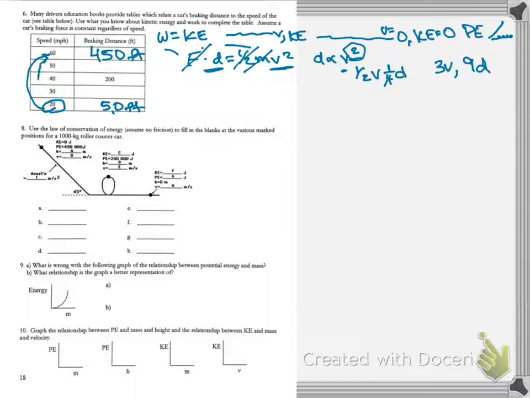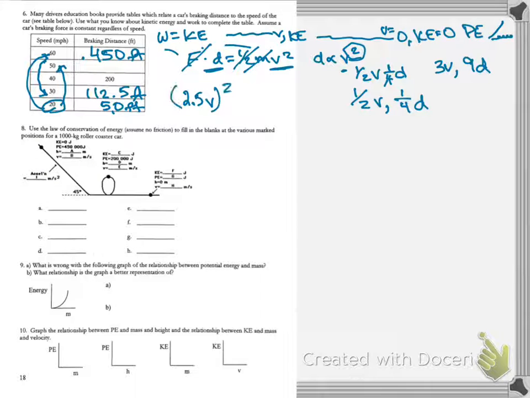Following the same idea, I can then do the 30 versus the 60, which is halving my velocity. So my distance would be 1/4, but it's 1/4 of this 450. So this would be 112.5, I think. And then the last one, there is no easy one. So if you compare 20 to 50, your V is 2.5 times.